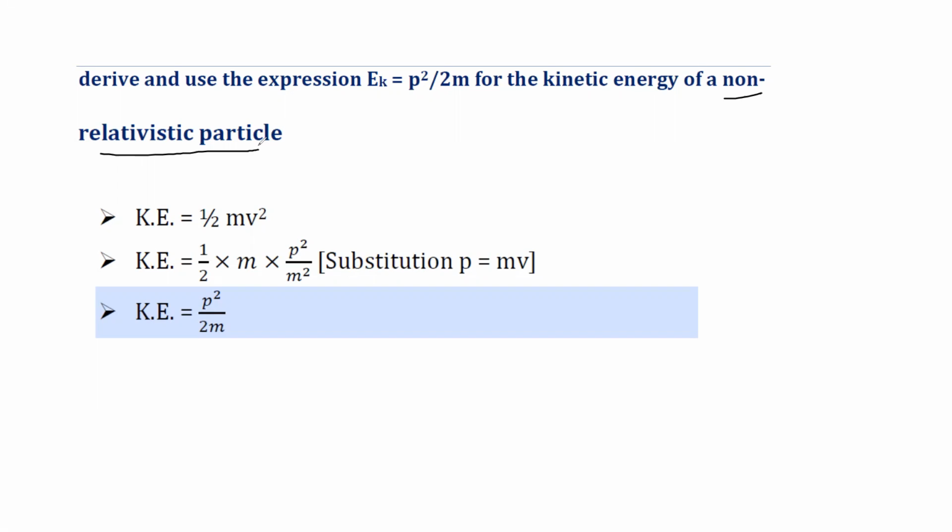So for a non-relativistic particle, the particles which are not moving close to the speed of light, we can have this relation. As we know, the kinetic energy is half mv square. So what we can do, we can substitute the kinetic energy is 0.5 mv square.